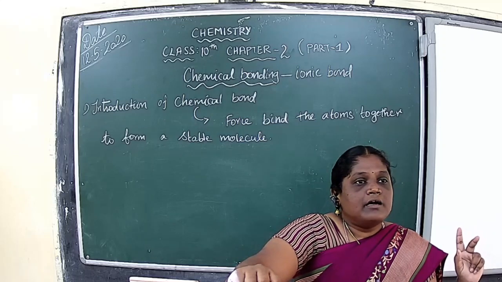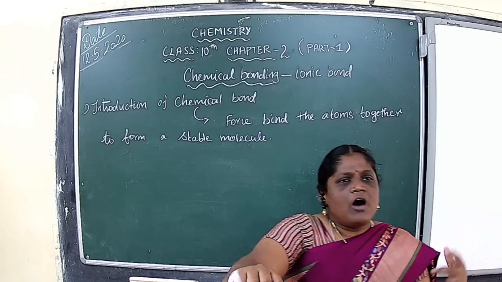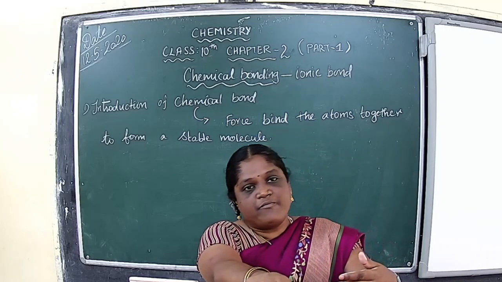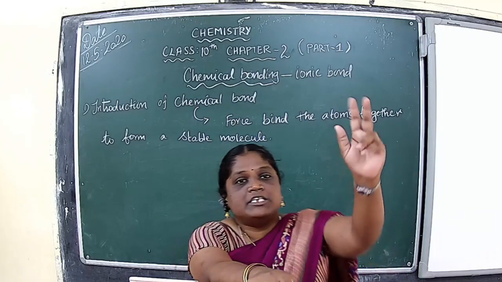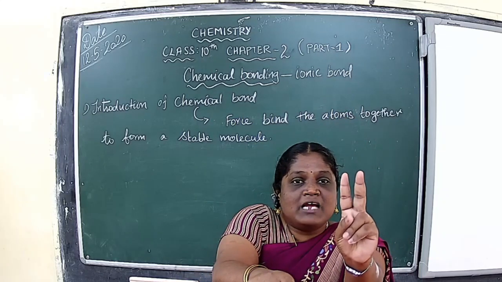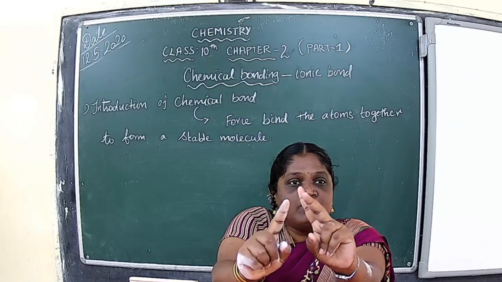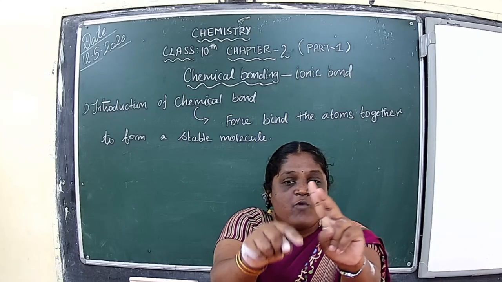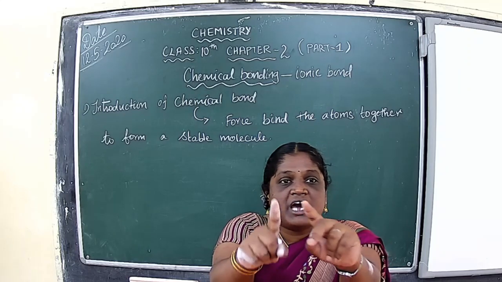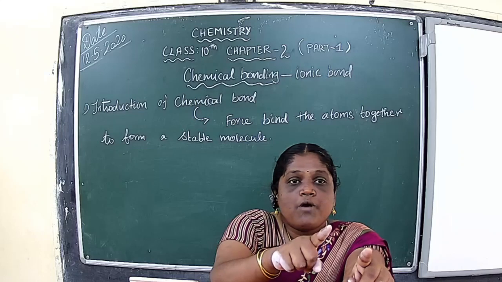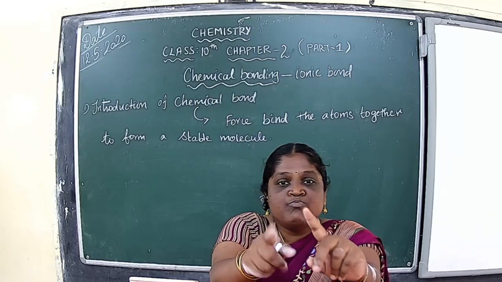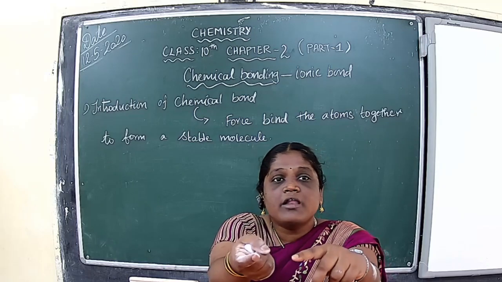Clear? Understood? So according to these two points, they divide the types of chemical bonds. To attain the stable electronic configuration, the atoms may transfer the electron from one atom to another atom, or mutually share the electron pair between two atoms, which may be similar or different.